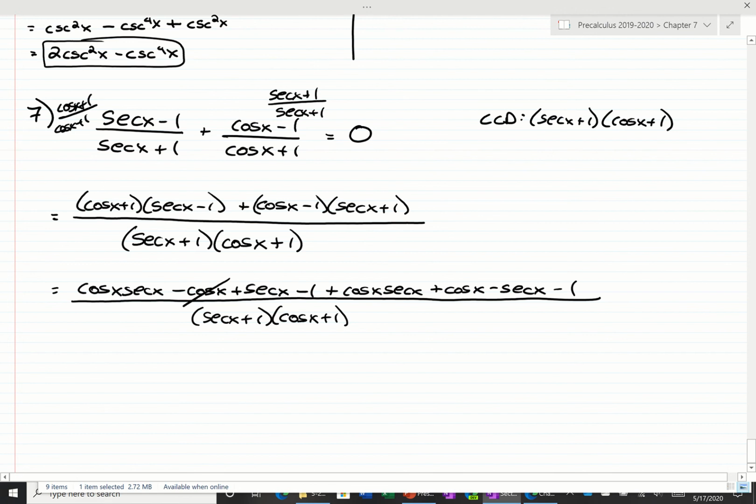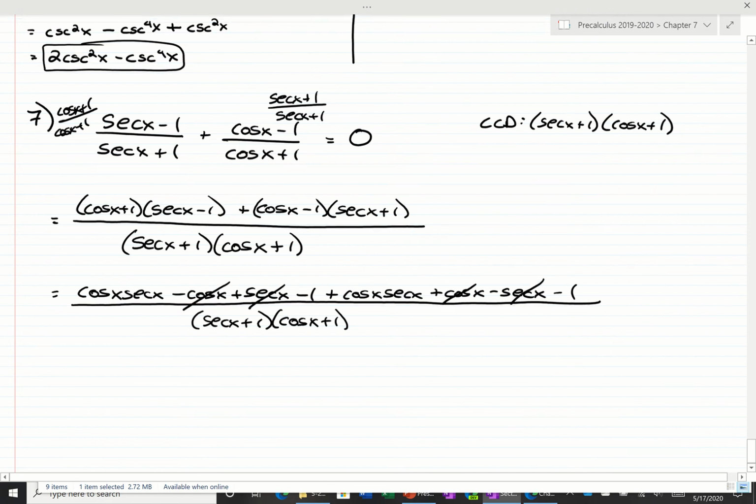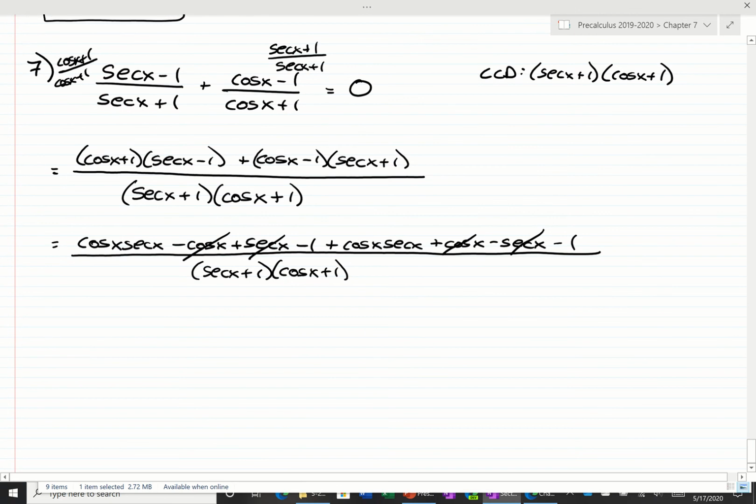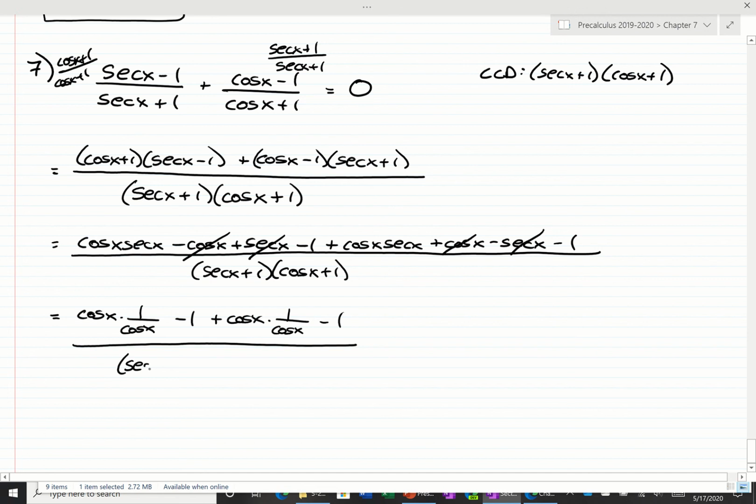And this cosine cancels with this cosine. This secant cancels with this secant. On top, secant's really just 1 over cosine. This just turns into 1.